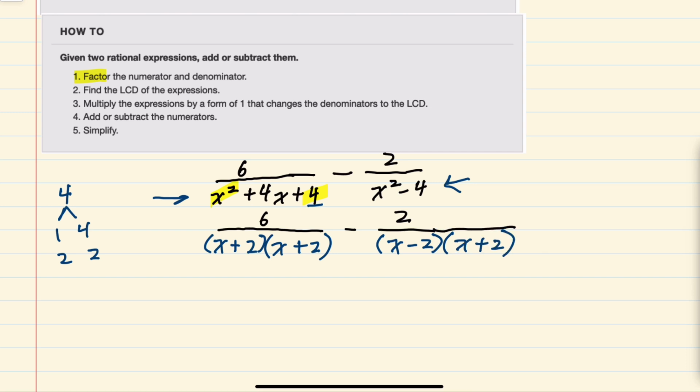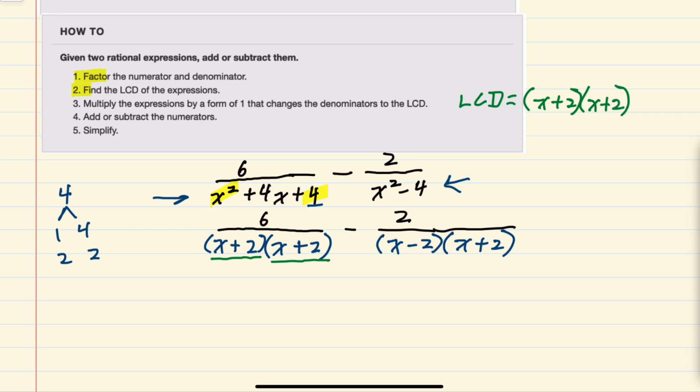Now that we have factored, our next step is to find the lowest common denominator for these expressions. So what is the lowest common denominator here? My lowest common denominator would have to have an x plus 2 and a second x plus 2 in order to have all of the factors from the first fraction.